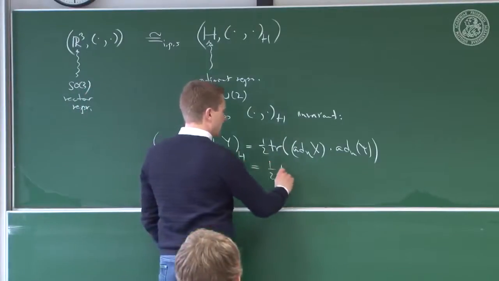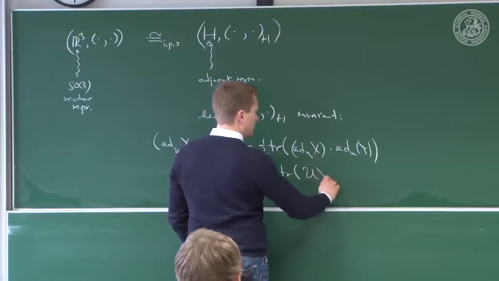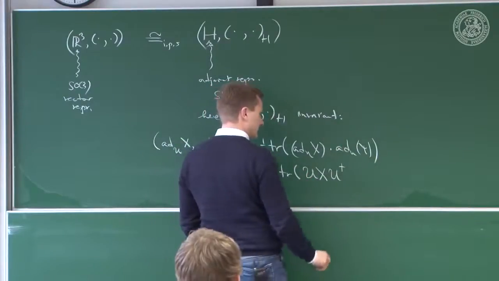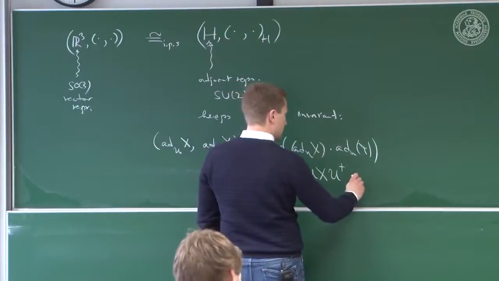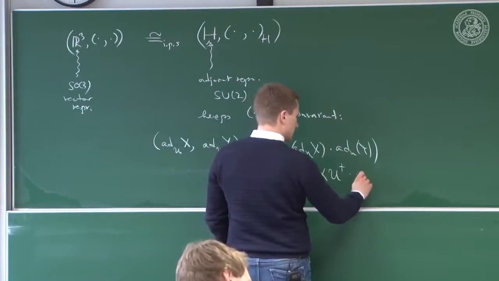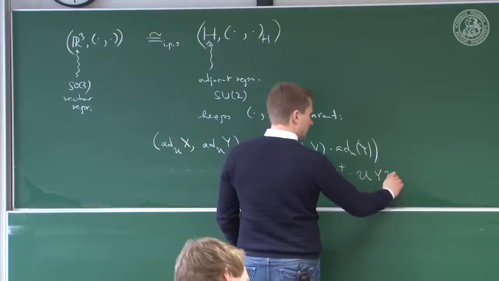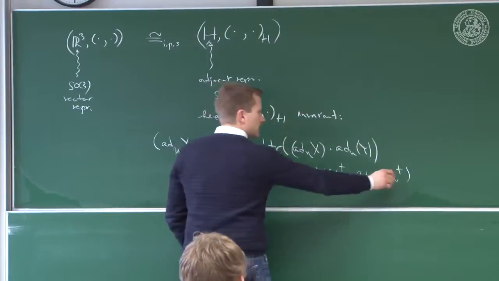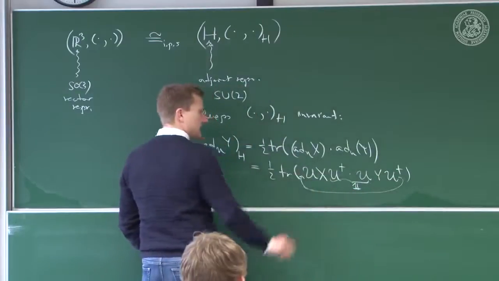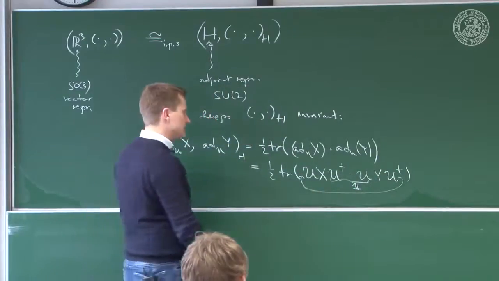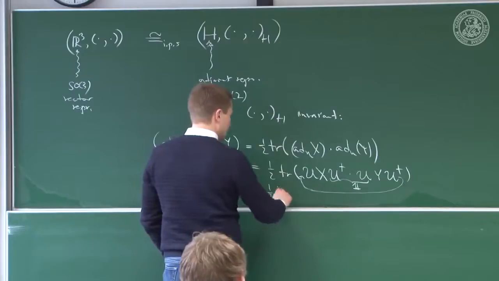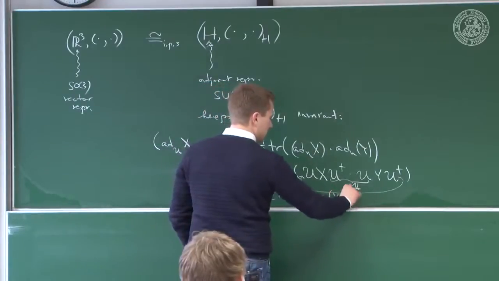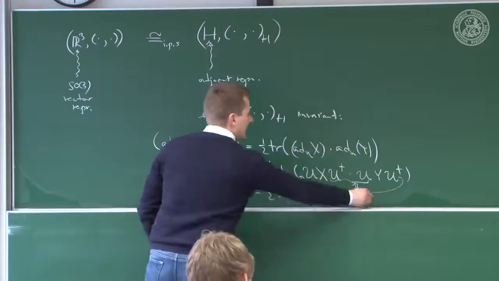And this is 1/2 trace u x u inverse, well, or u dagger, it doesn't matter in this context because it's SU2, times u y u dagger. But now this is the identity, and you can also pull this u dagger here because of the cyclicity of the trace. This is yet another identity. This is 1/2 trace x dot y, and this is just x, y, h. Aha.